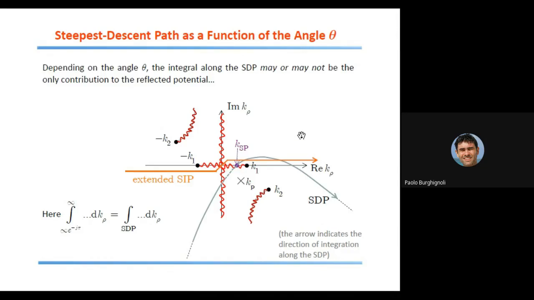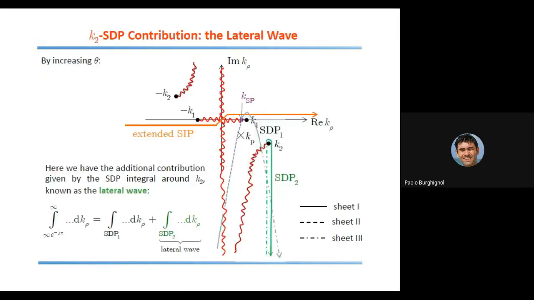But if you now increase theta, it may happen that the saddle point has become closer to k1, and here in gray, you can see that the steepest descent path now crosses both branch cuts.